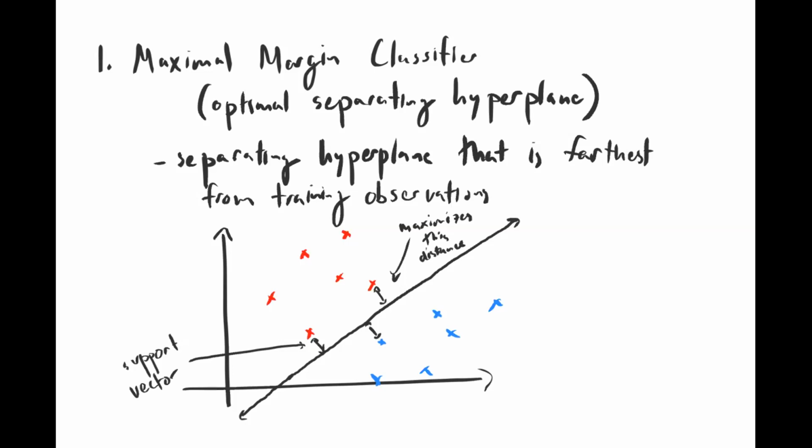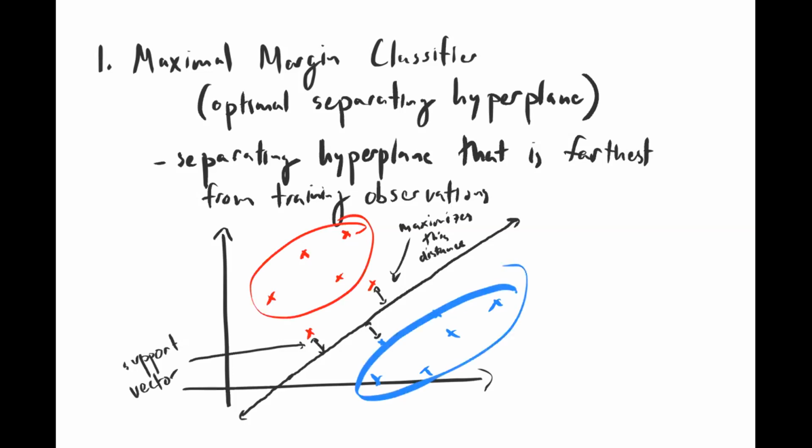The other thing to notice is that besides the points that are acting as a support vector, none of the other points play a role in defining this line. I could have a huge density of points right here, and then these ones could be super spread out, right? And that has no bearing on the creation of this particular hyperplane.